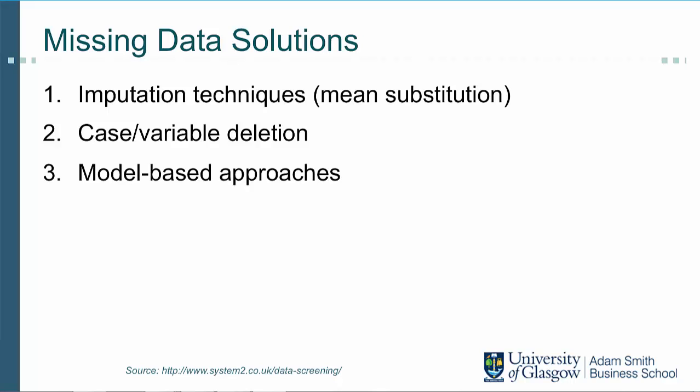Such model-based approaches replace missing data for a respondent based on their other answers. The two most common methods are maximum likelihood estimation of the missing values and the FIML approach. I'll refer you to Hair et al. for details. I tend to replace my missing data before the analysis.